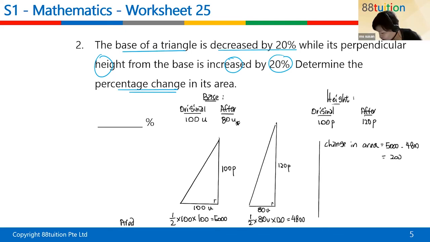And what I need to do is divide by the original. So what is the percentage change? The 200 change over the original multiplied by 100%, where you get 4. So the change is 4%.